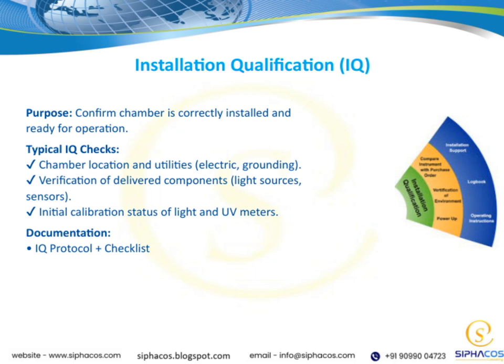All of these checks are documented thoroughly in the IQ protocol and checklist. These documents serve as a record that everything has been verified correctly and provides a reference for future validation activities. Overall, IQ is about establishing a solid foundation for the chamber's reliable operation, aligning with the overall goal of quality and compliance.